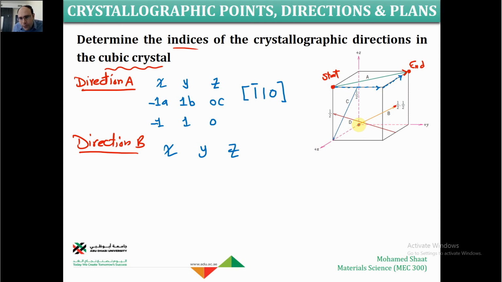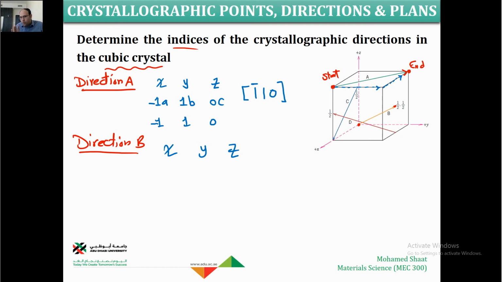So if you're starting from here, how long are you going to move parallel to X? Are you going to move the entire X or half of it? No, you're going to move half of it because the end point is located in the middle, in the center of this surface. One of the simplest approaches, by the way, is to try to reach any one of the corners of this face, just to not be confused.